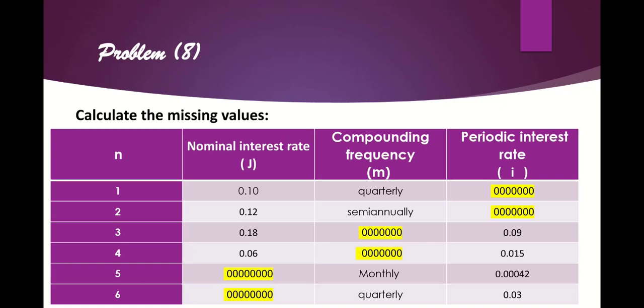So J in number 5 will be equal to 12 times 4 per 10,000. And for number 6, where M is quarterly, it means M equals 4, so J will be equal to 4 times 3%.